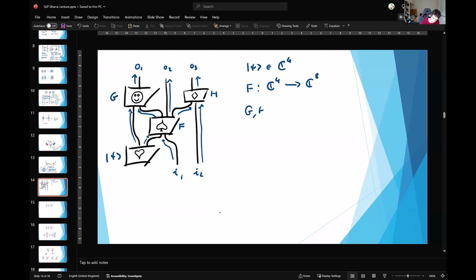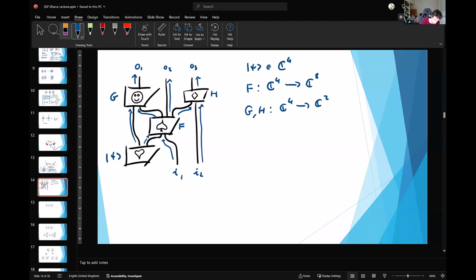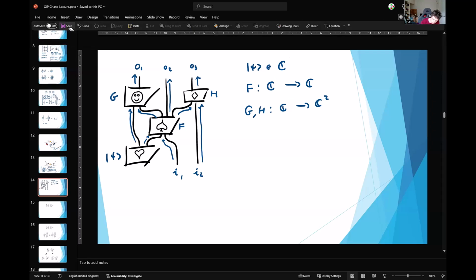The G and H go from C4 to C2. Or maybe I can be a bit more explicit and write 2 times 2 and 2 times 2 times 2 to remember that that's where the numbers come from. 2 times 2, 2 times 2 times 2, 2 times 2, 2 times 2.